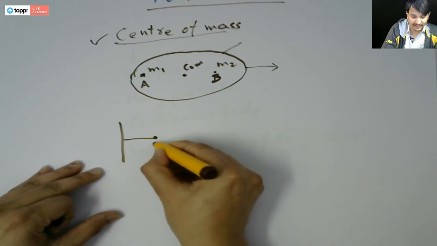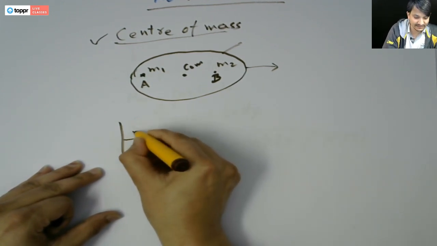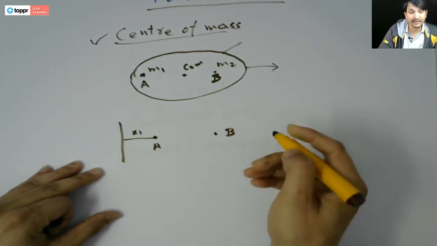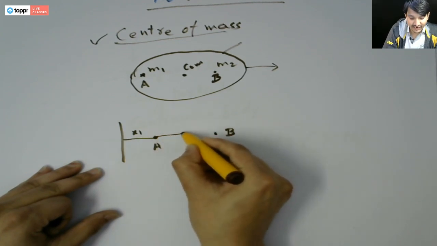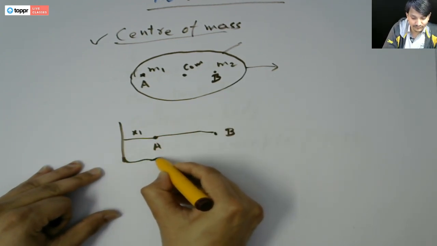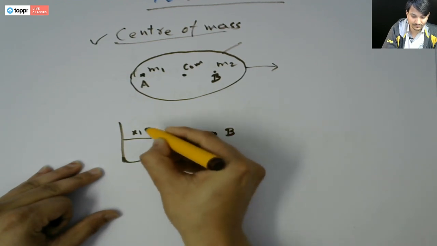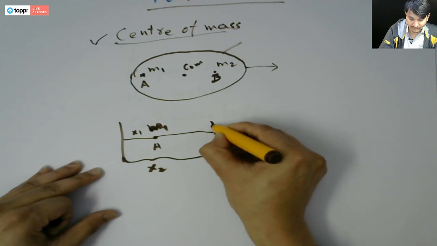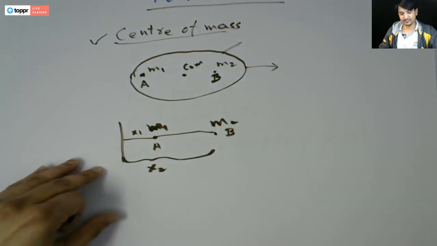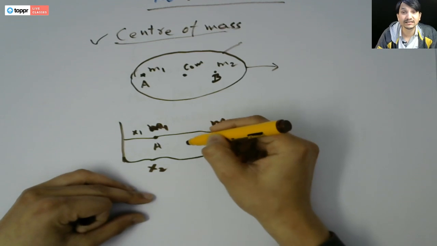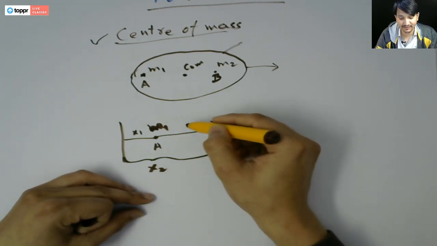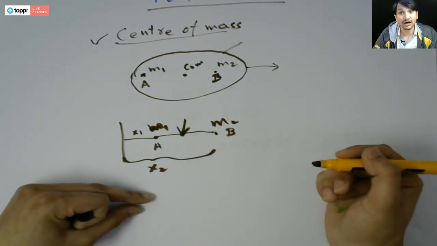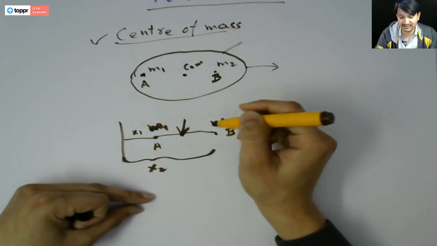Suppose point A is located at a distance x1 and point B is located at a distance x2. Then the center of mass will be somewhere between A and B. Let us say this is the point. So how do we get to know what is this point?